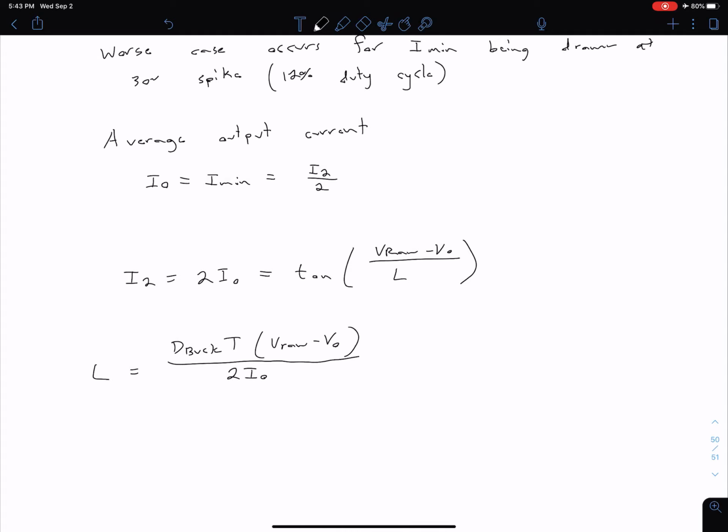And remember, this 2I naught is equal to our I min. So for clarity I could change this to 2 times I min.